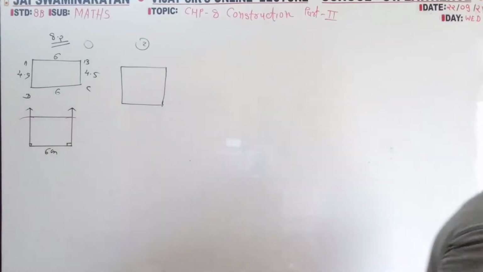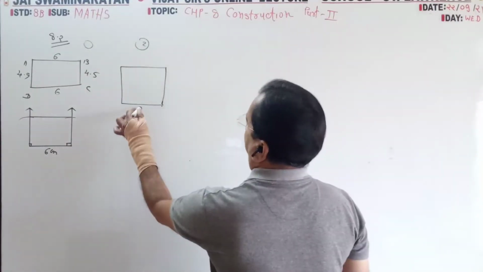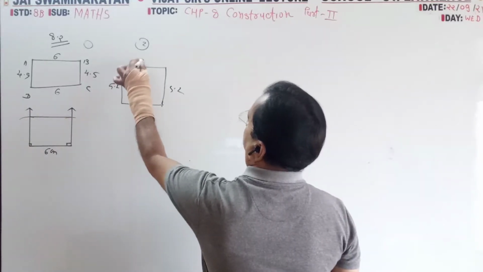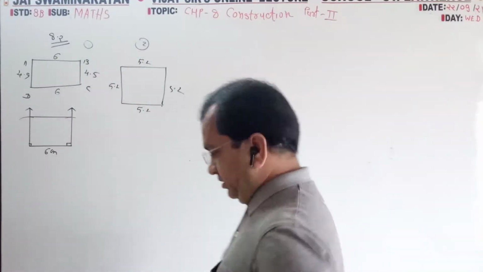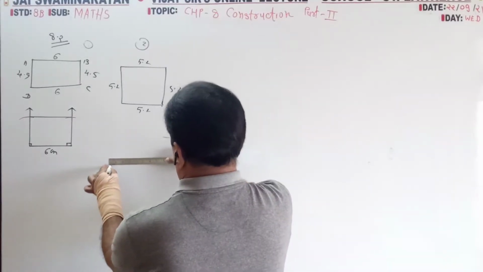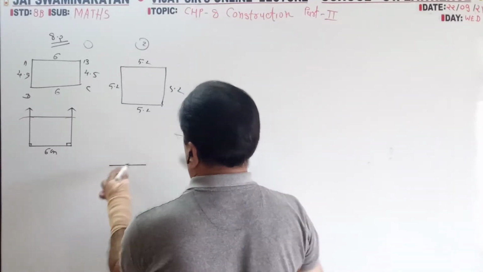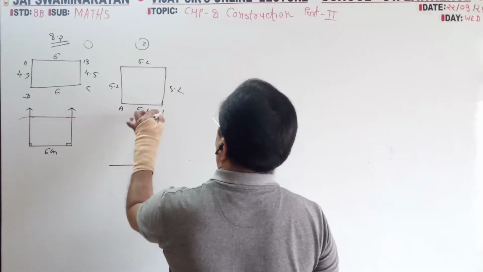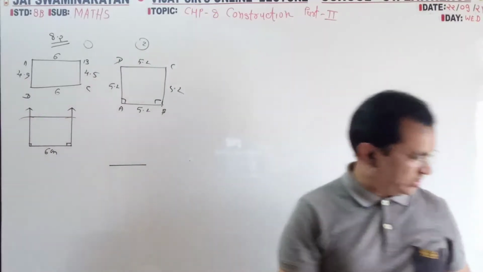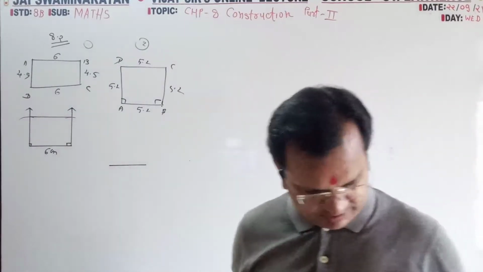So 5.2 is given. All sides are 5.2, 5.2, 5.2, 5.2. So I take 5.2. ABCD. And we know that in a square all the angles are 90 degrees.